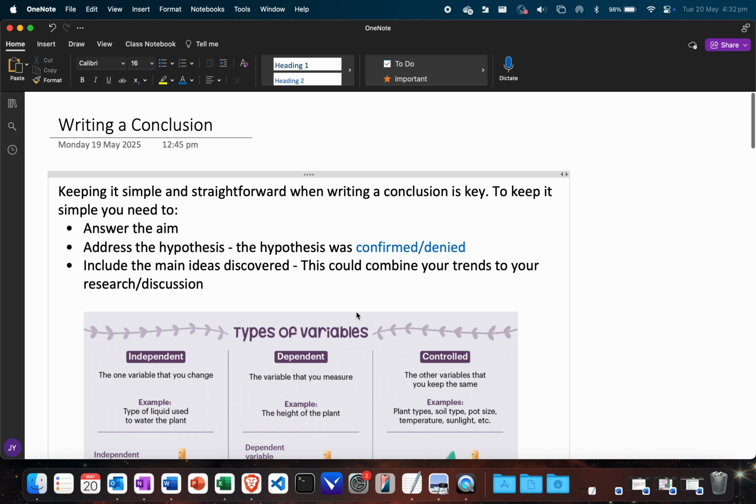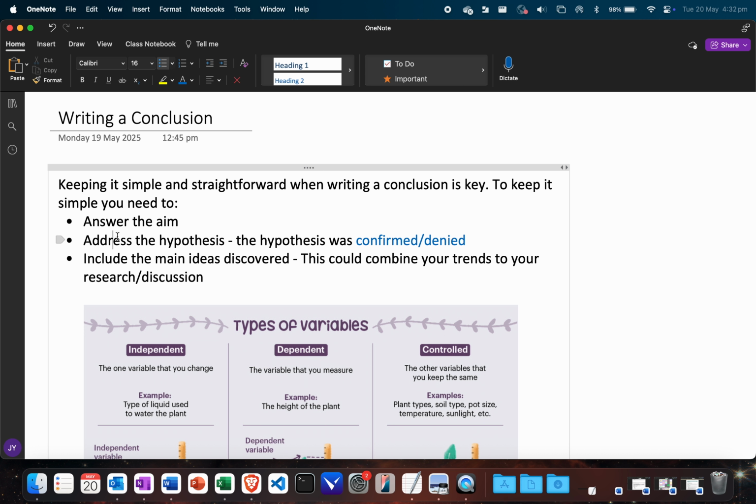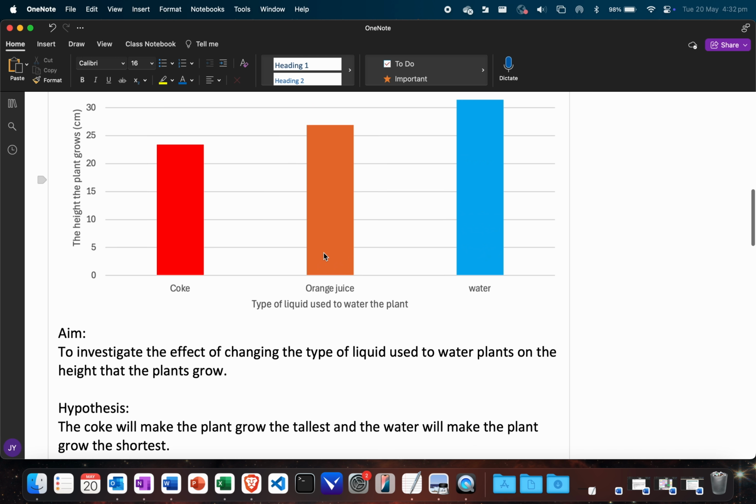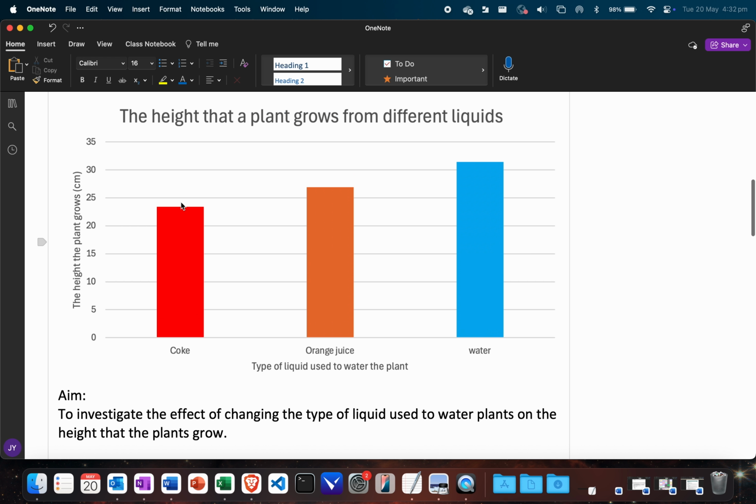Could I include anything else? Okay, well, I've answered my aim, I've addressed the hypothesis, I've included the main trend, but I haven't really combined the trends with my research. Well, in my research, maybe I discovered that Coke is mostly water, but it's not fully water.